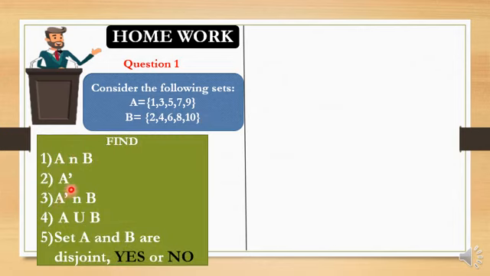Then find A prime intersection B, and find A union B. And then question 5 says, are sets A and B disjoint, yes or no. So in question 5 you just answer with yes or no, giving a reason why. If sets A and B are disjoint, then you say yes. If set A and set B are not disjoint, then you say no.